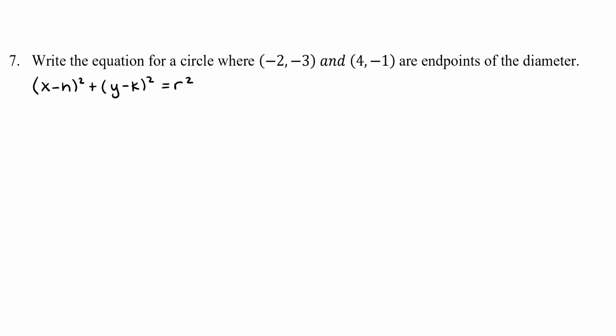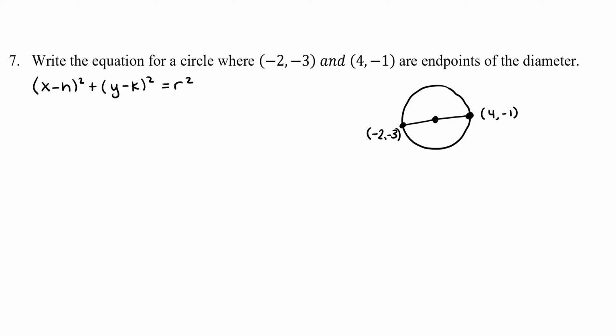They gave us 2 points, which are on the circle. So that means that if I have this circle, one of the points over here on the circle is (-2, -3), and one point directly across is (4, -1). So that's what a diameter means. And remember, a diameter goes through the center.